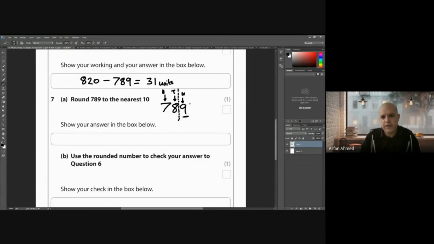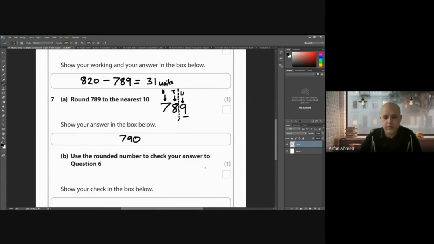If the units is 5 or more, then it goes up. That's your units right there. So if your units is 5 or more, your tens column will go up by 1 digit. If it's less than 5, it's going to stay the same. So in this case, it goes up to 790.